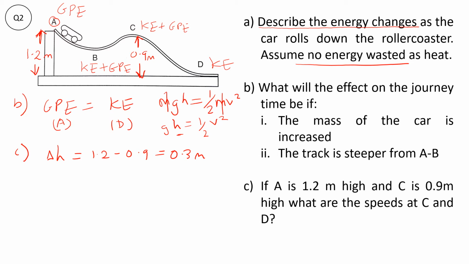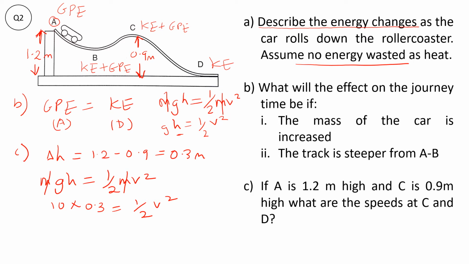So it's lost some GPE. So the loss of GPE, well, that's mgh. That equals the gain in kinetic energy, half mv squared. The m's cancel. So we've got 10 times 0.3, because that's the height difference between A and C, equals a half v squared.